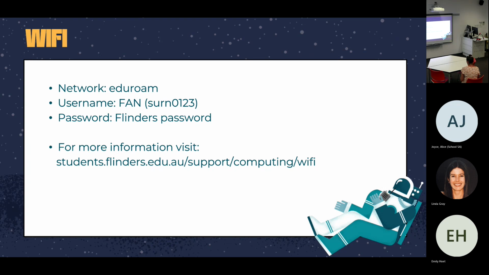Very occasionally our tech people do something to the Wi-Fi, which means you need to reconnect again, but it's pretty good. So if you ever have an internet issue at home, you can always come onto campus. There's 24-hour access to the library if you get your swipe card to allow that level of access, so you can access internet on campus anytime.